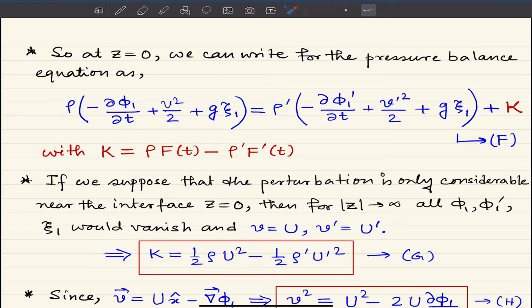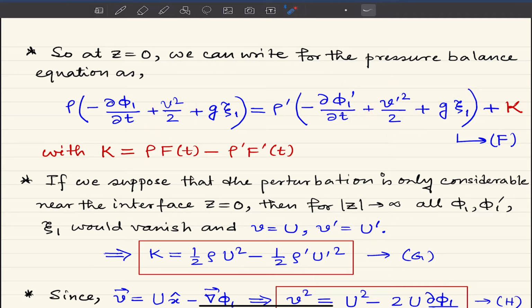That means v = U, v' = U', so they are constants, and all the perturbed quantities are 0. In that case, this is 0, this is 0, this is 0, this is 0, this is non-zero, this is non-zero, and this one is non-zero.